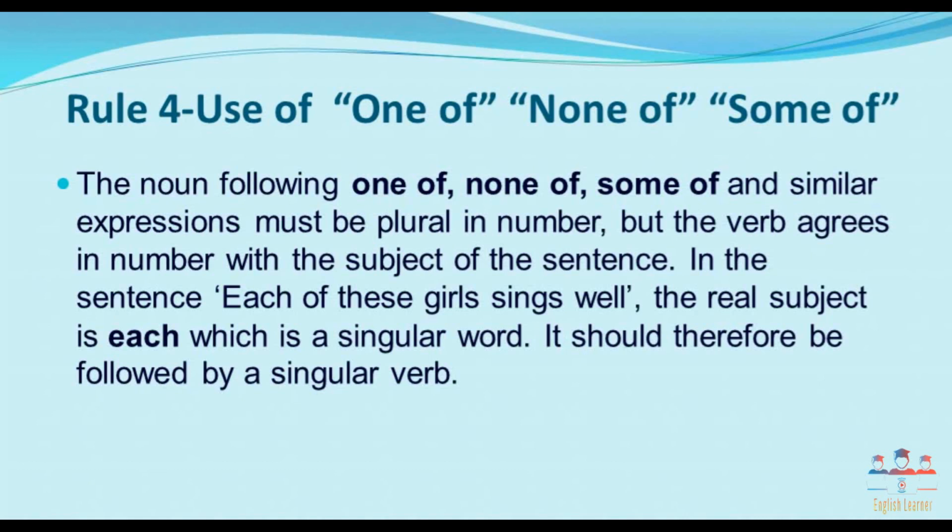It means there should be subject-verb agreement. In the sentence, each of these girls sings well, each indicates that every girl is going to sing very well. The real subject is each, which is a singular word. It should therefore be followed by a singular verb.